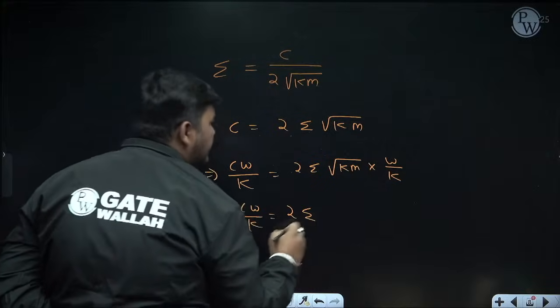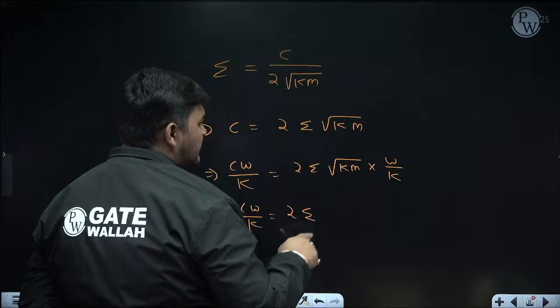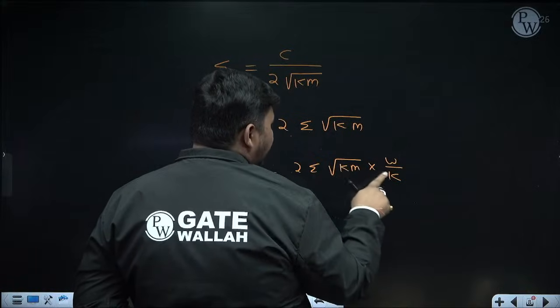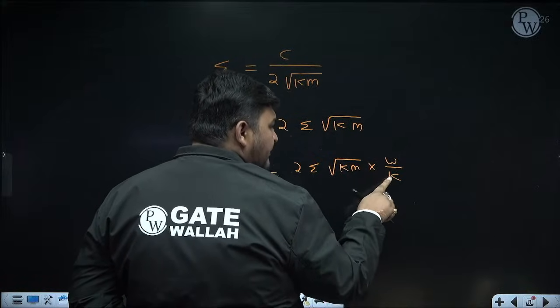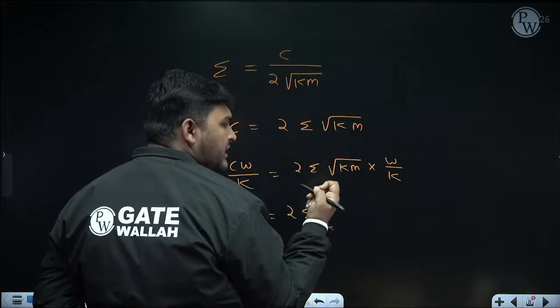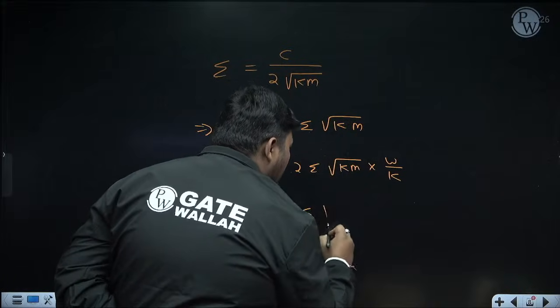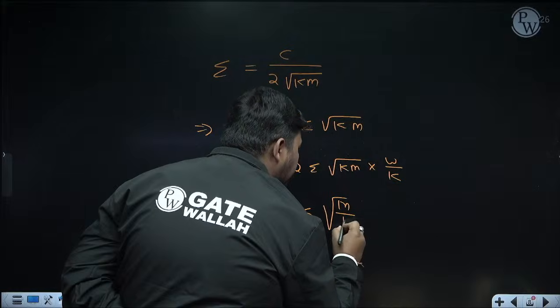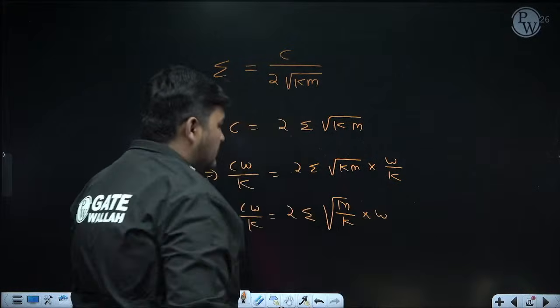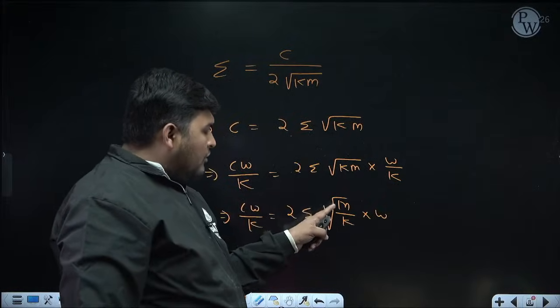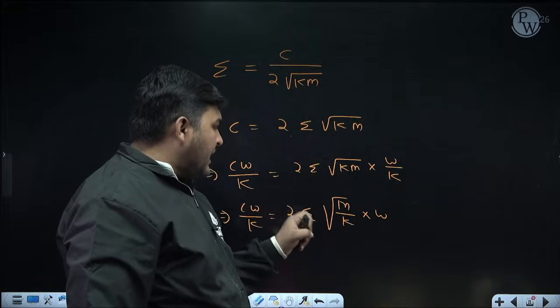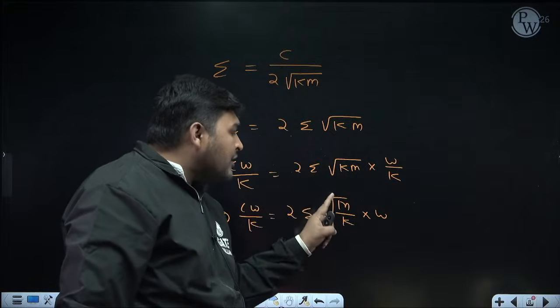So the c omega by k expression is coming. It is 2 zeta. Now see, root k upon k will be, root k will come below because k by root k is root k. So it will be root m by k into omega. Now we know root k by m is omega n, so root m by k is 1 by omega n.